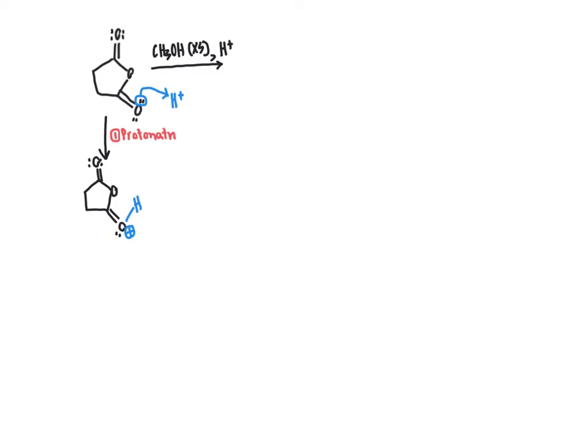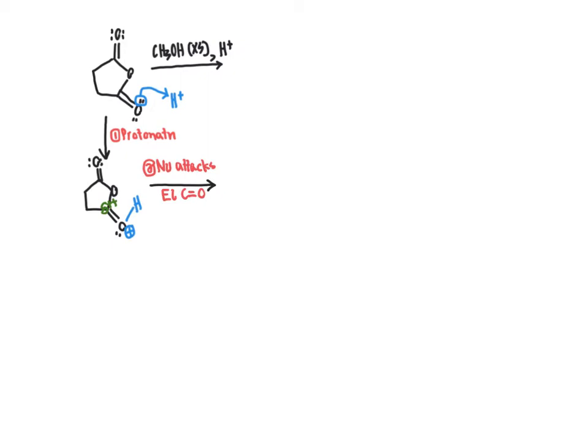Then from there, we have created a very capable, very electrophilic carbonyl right here, where the carbonyl group now has a proton. And so in step 2, the nucleophile is going to attack that electrophilic carbonyl.